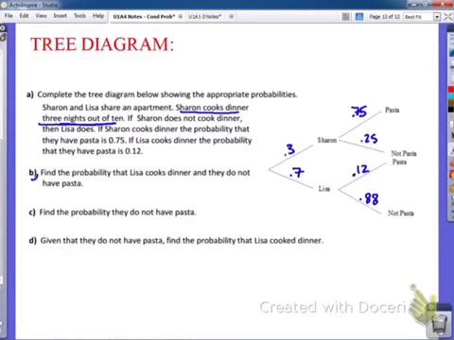Now, I want you to answer these 3 questions. Find the probability that Lisa cooks dinner and they do not have pasta. The next one is find the probability that they do not have pasta. And lastly, given that they do not have pasta, find the probability that Lisa cooked dinner.